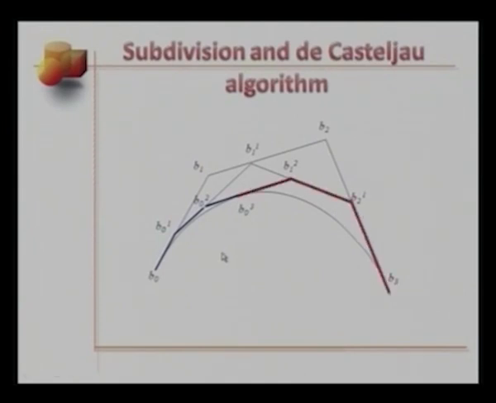I'm also emphasizing, using a different color, these line segments: V03 to V12, V12 to V21, and V21 to V3. This segment is the first part of the Bezier curve, while this one here is the second part of the Bezier curve.